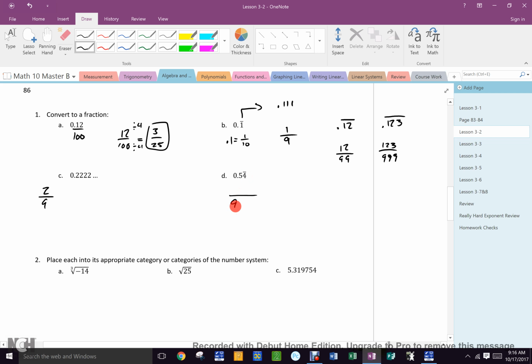So the 4 must be over 9, yes? Does the 5 repeat? No. The 5 doesn't repeat, does it? So what number do you think I should put on the bottom? Because I need more than one number down there. I can't put it over 9. I can't put 99 because that would be 2 repeaters. What number do we use in math to show nothing? 0. So this would be over 90.